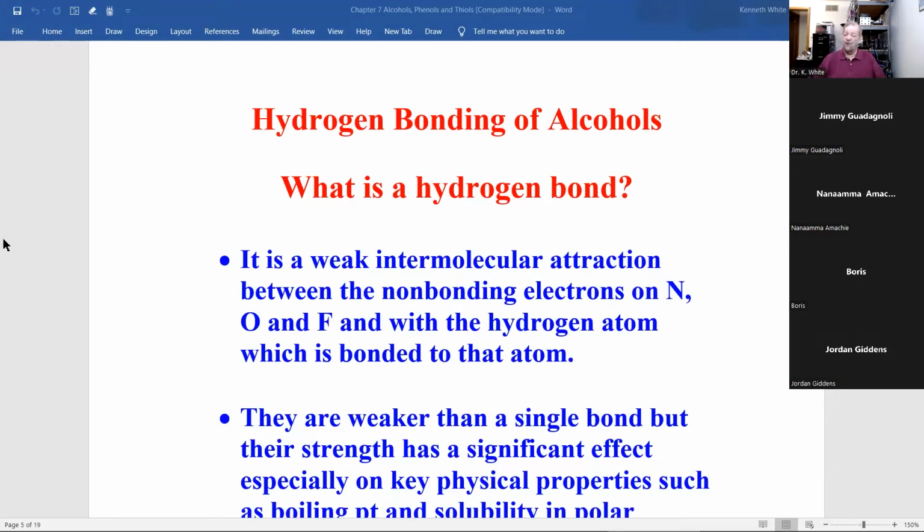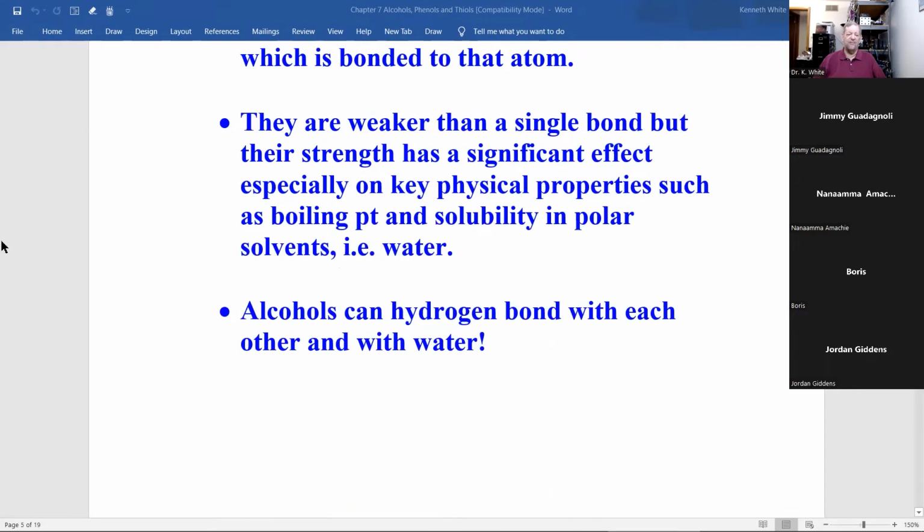This won't be on a test ever, but they're weaker than single bonds, and their strength has a significant effect on key physical properties, such as boiling point and solubility, and I'll teach you later, in certain polar solvents like water. And alcohols can hydrogen bond with each other and water.